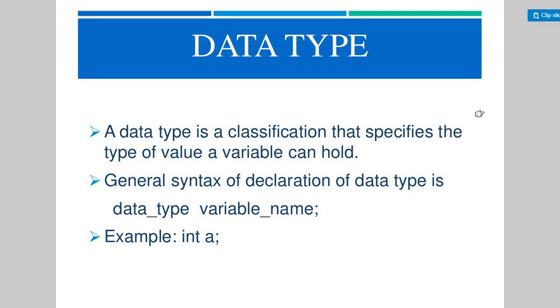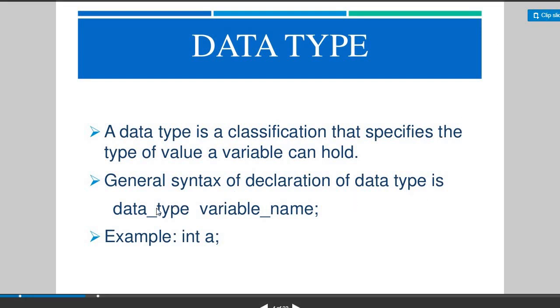A data type is a classification which specifies the type of value a variable can hold. A variable stores some values, and the type of value that a variable can hold is the data type. The general syntax of declaration is data type followed by variable name.